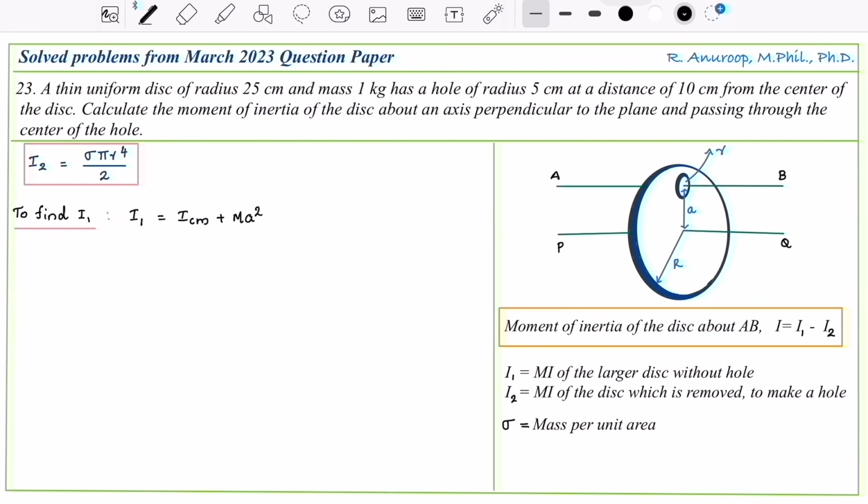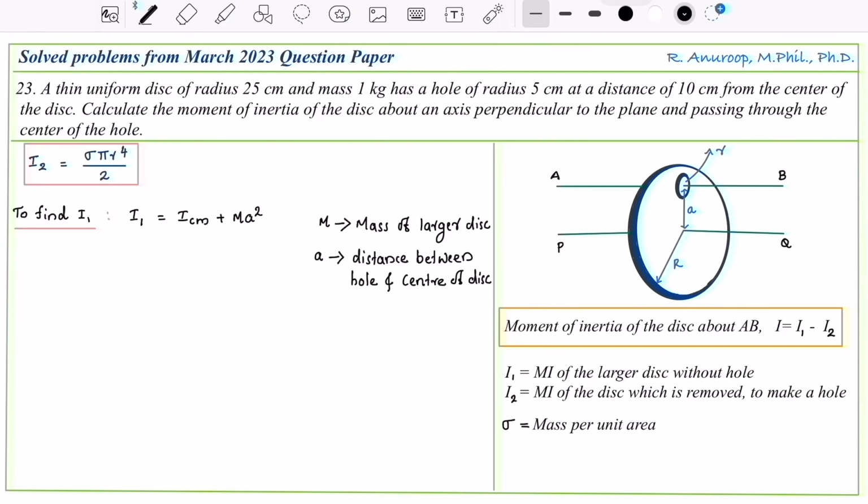What is ICM? ICM is the moment of inertia of the disk about an axis PQ, where PQ is an axis that is passing through the center of mass and perpendicular to the plane of the disk. And here capital M is the mass of the larger disk, and small a is the distance between the hole and the center of the larger disk.